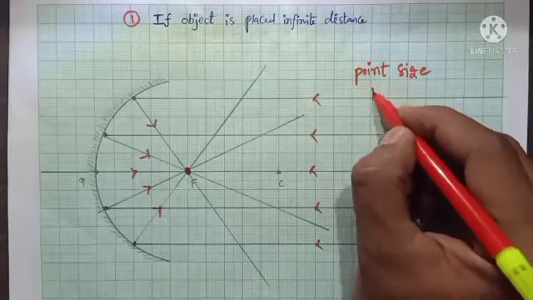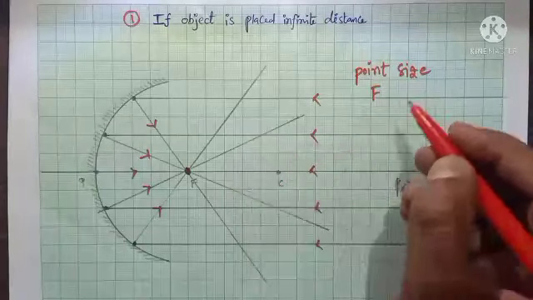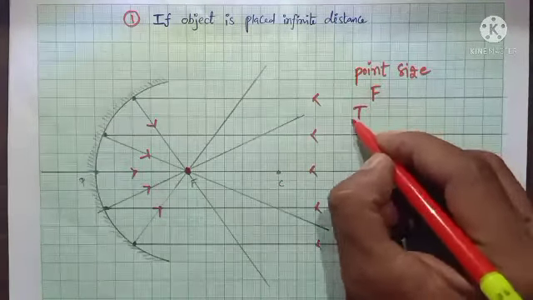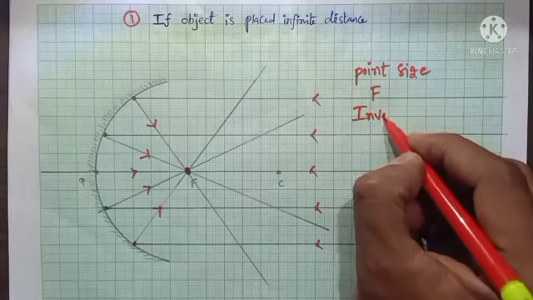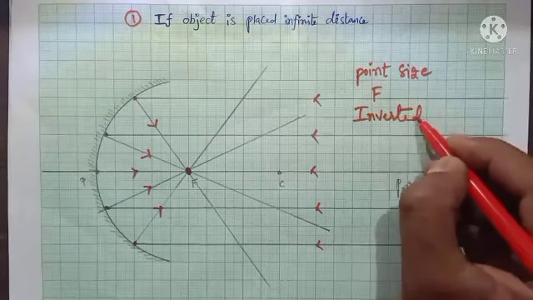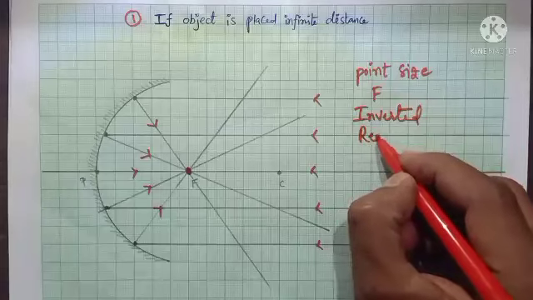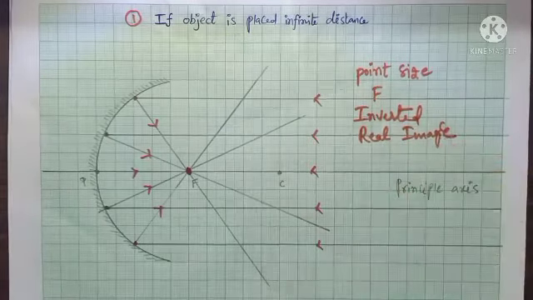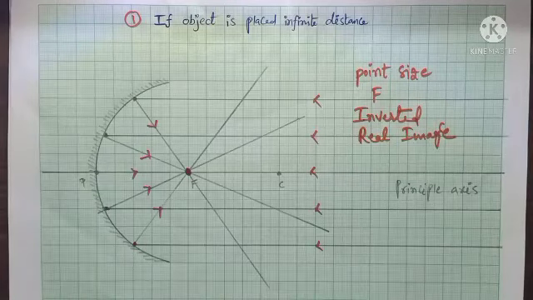It forms at focus F, and it is an inverted image, and it is a real image. These are the properties of the image which is formed in this situation.